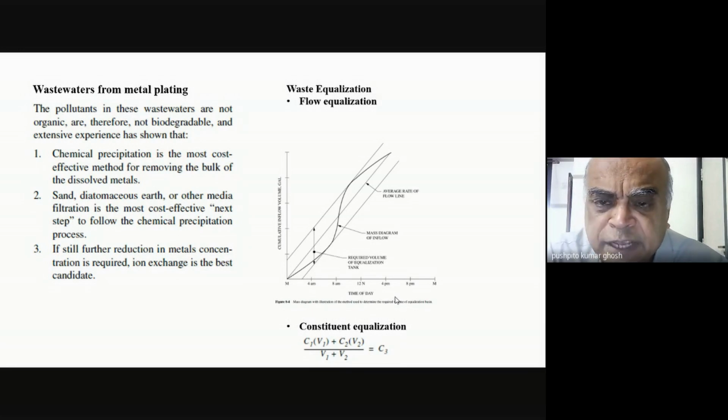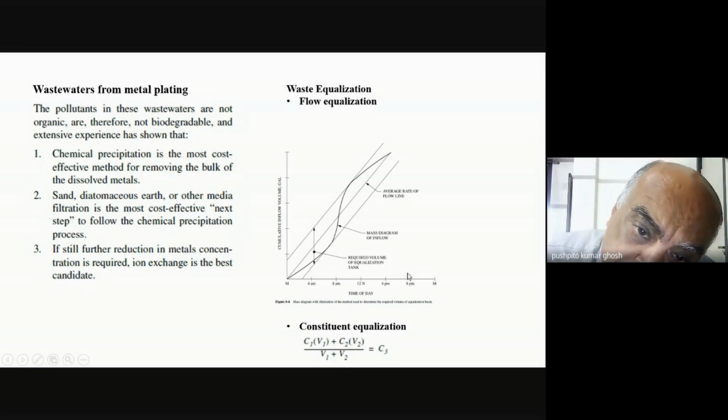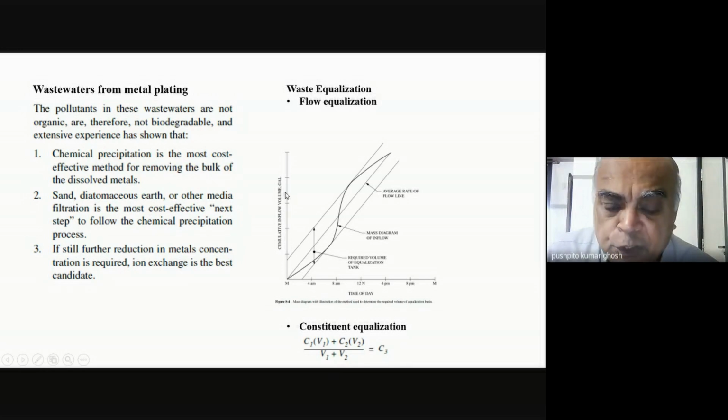So in those cases, as you can see over here, it's talking about different times of the day, and the cumulative inflow volumes. They're starting low, it's not really increasing much up to a point, and then you suddenly see a surge in the volume of effluent, and then again it is tapering off.